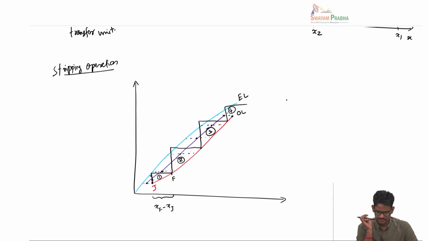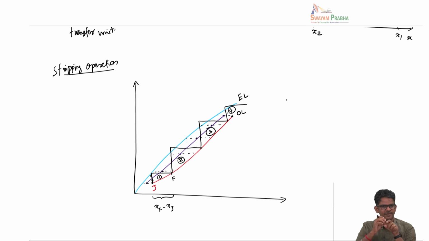So in this operation also, the average composition change in the liquid phase is equal to the average driving force available in one transfer unit. And you can see in this case the steps have different sizes because the average driving force keeps changing.